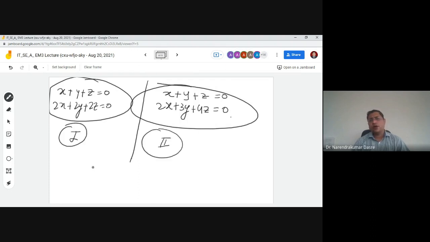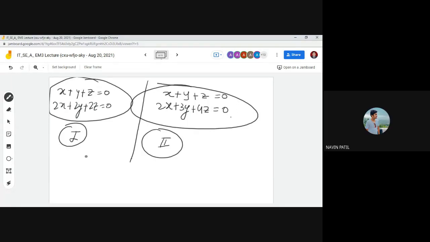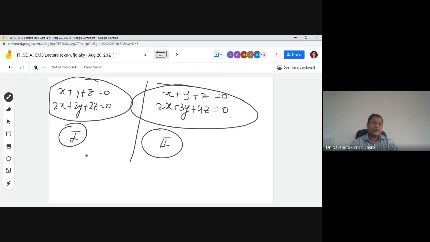Now you have to tell me where Cramer's rule is applicable and why. Is Cramer's rule applicable to system 1? No, sir. Why? Because it's just a multiple of the first equation. Correct. So these are not two distinct equations.